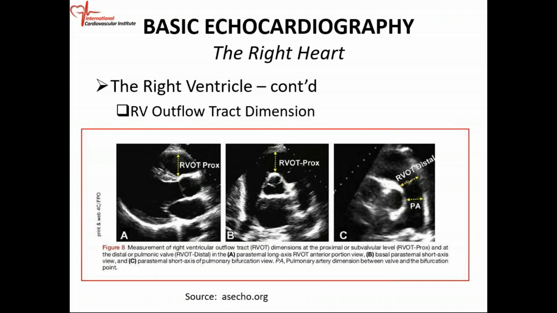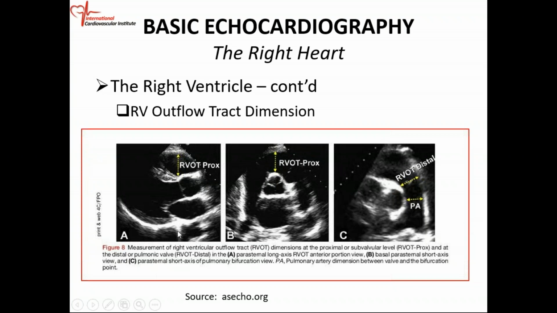You're also going to measure the right ventricular outflow tract, and you're going to do a proximal measurement. You can do this one, but you should also do the RV distal measurement to see if you have RV dilatation.